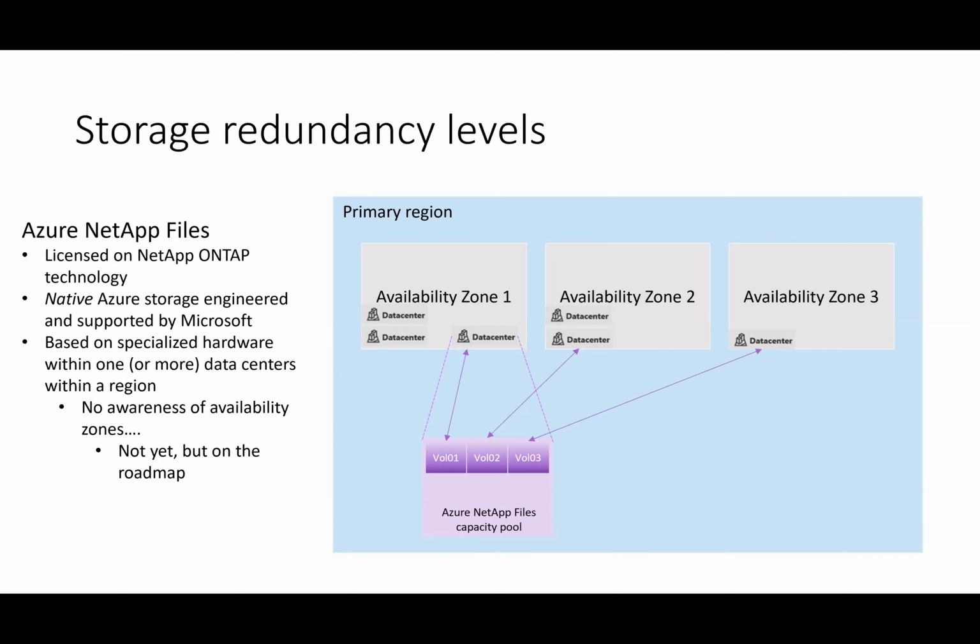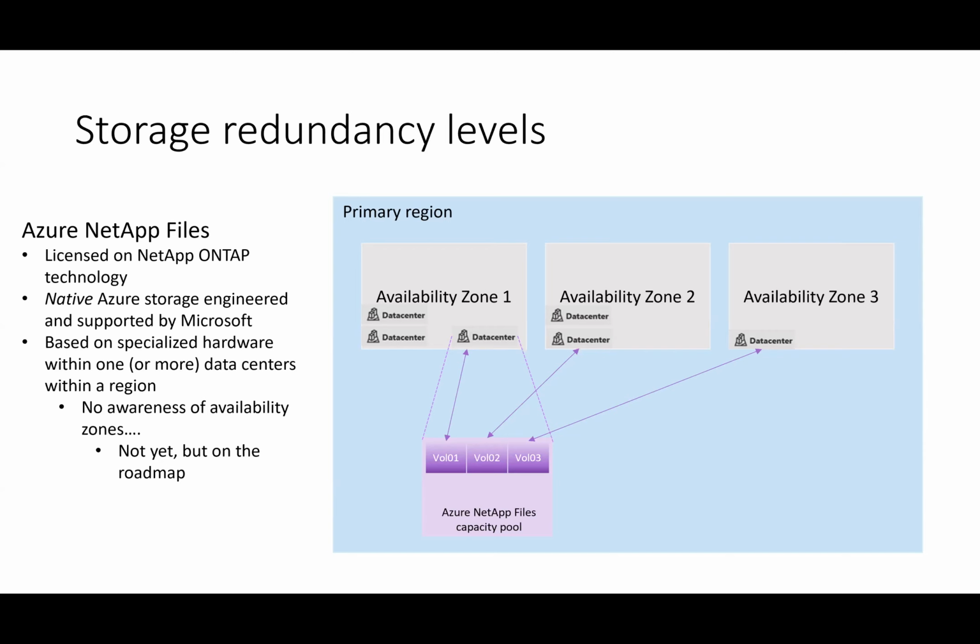But right now, when you allocate a VM and you allocate ANF storage to it, you do want to work with support or work with the certain teams within Microsoft to make sure that your VM is in the same AZ as ANF, just because it helps a little bit on latency.